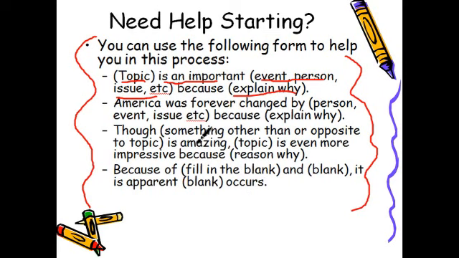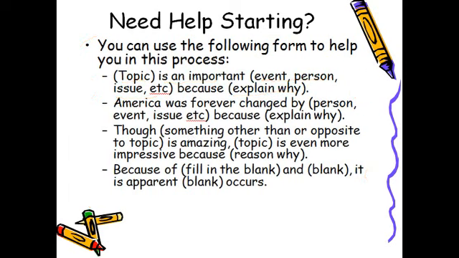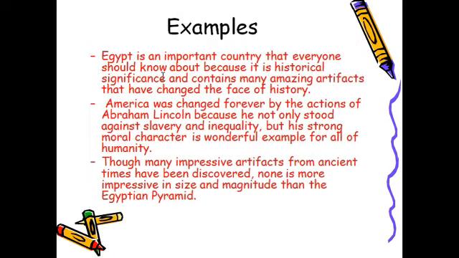The main goal is for you to always have a clear topic, a clear position on that topic, and clear support or reasons why. You can see in the final examples in front of you that each one of these thesis statements contains those 3 components.